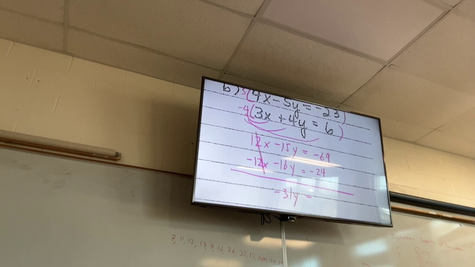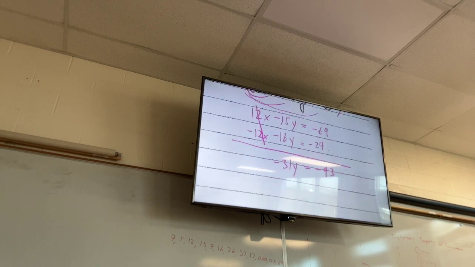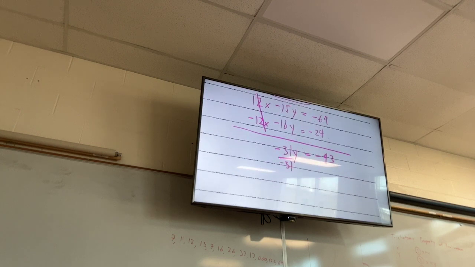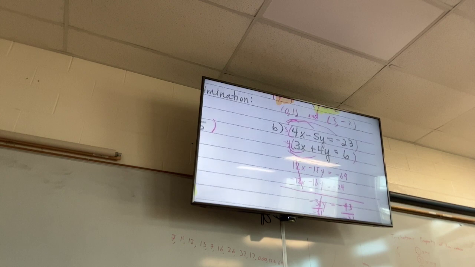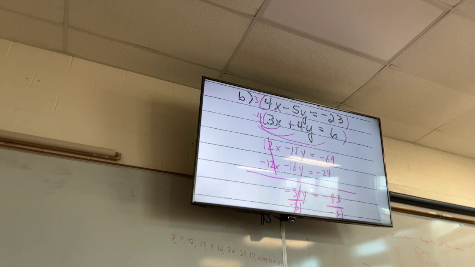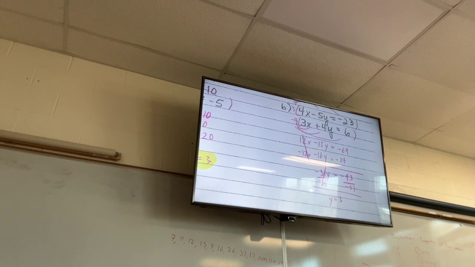Correct me if I make a miscalculation. What was that? -83. -93. Divide by -31. Yay. And then plug the 3 back in. Either of these. So that's going to be 3x plus 4 times 3, which is 12, equals 6.